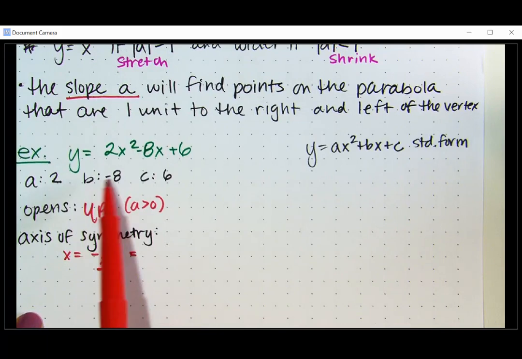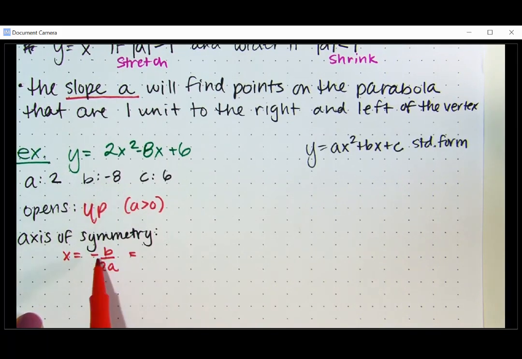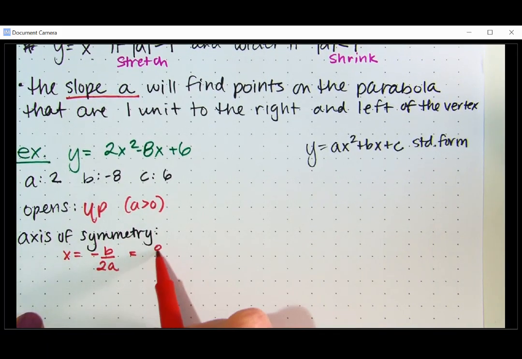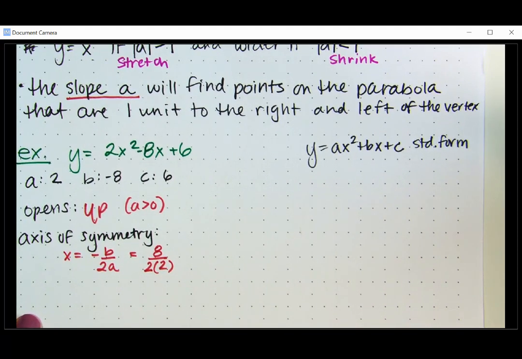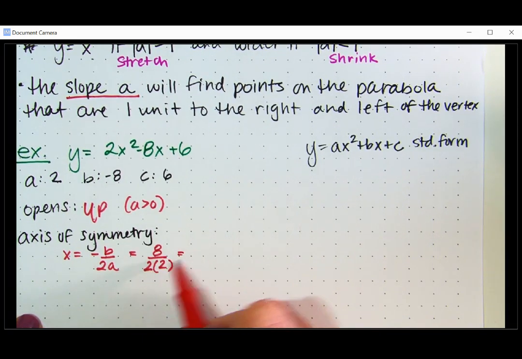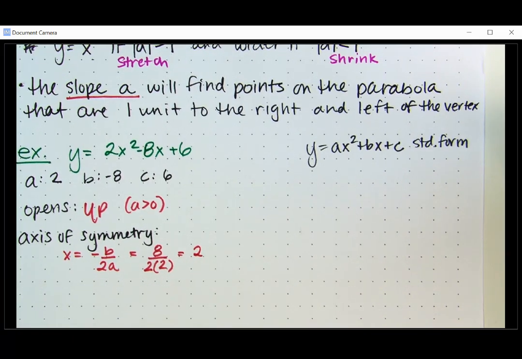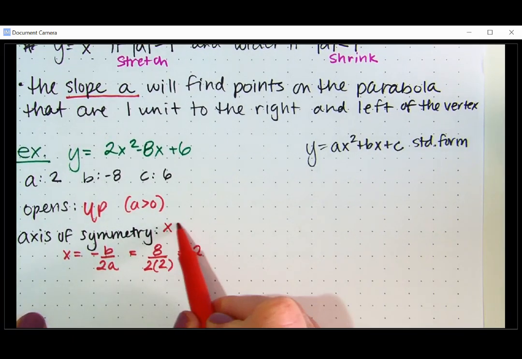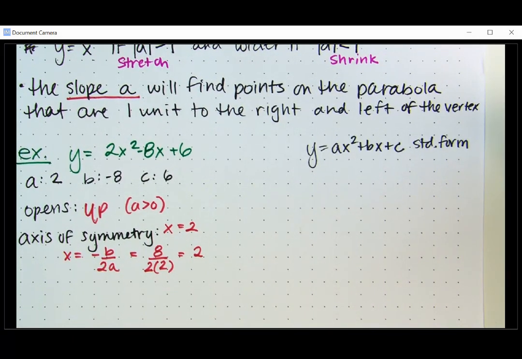Well, if b is negative 8, the opposite of that is going to be positive 8 over 2 times 2. So we're going to get 8 over 4, which is 2. So my axis of symmetry is x equals 2.